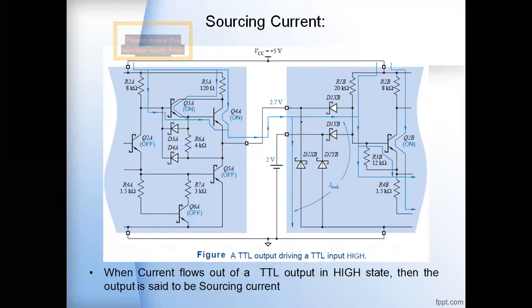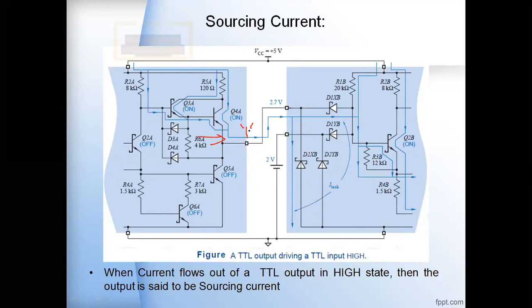So in the sourcing current, the TTL input is driven by the high output of another TTL gate. So now the output of the TTL gate is 1, and this one is driving the second TTL gate here. Now the current is flowing out of the gate and entering into the second TTL gate here.